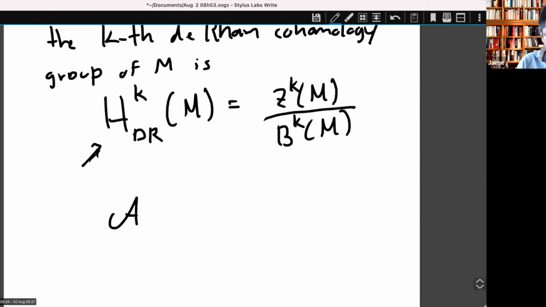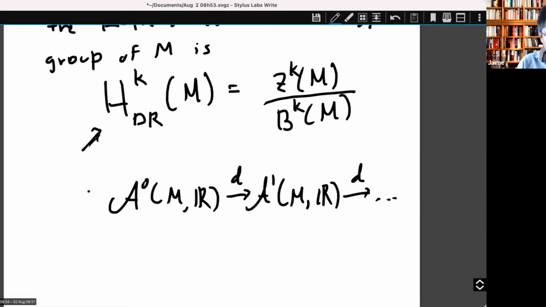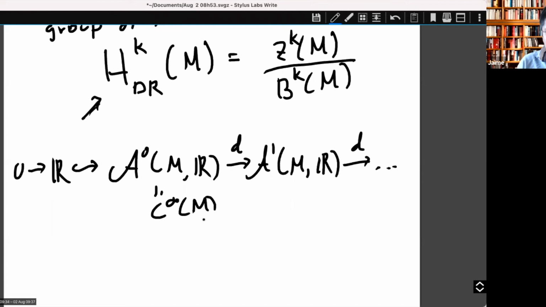You have zero forms, one forms, etc. So I'm not using anything new here. It's just that actually here I have the constant functions, right? This is the C infinity functions in M. So what I'm just doing, topologically, is the cohomology of a complex.